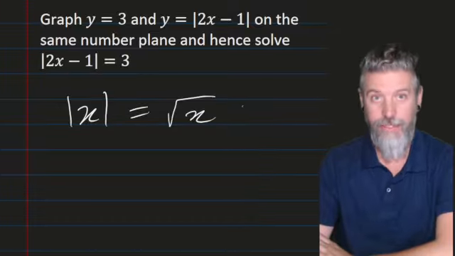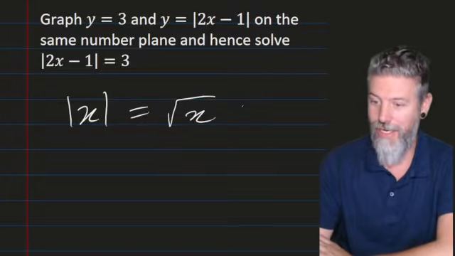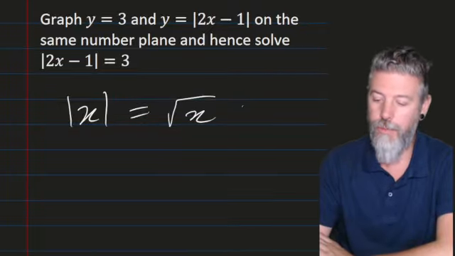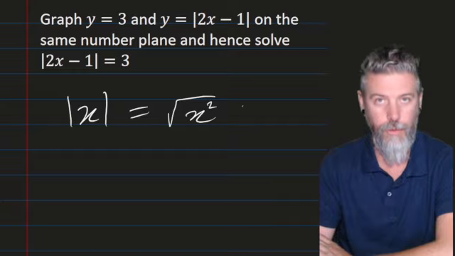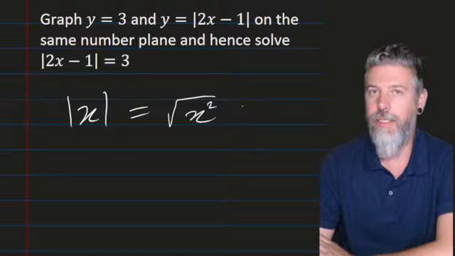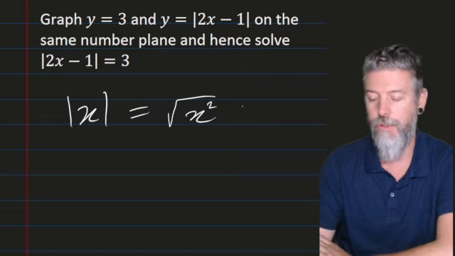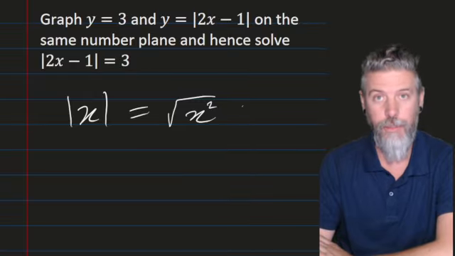But that's not everything that we're talking about. If we took the square root of x, we'd get root x, not absolute value of x. What we're doing is taking the square root of x squared. So if you have x squared, that means any number that you put in there, whether it be a positive number, say positive 2, or a negative number, say negative 2, when you square it, you get a positive number.